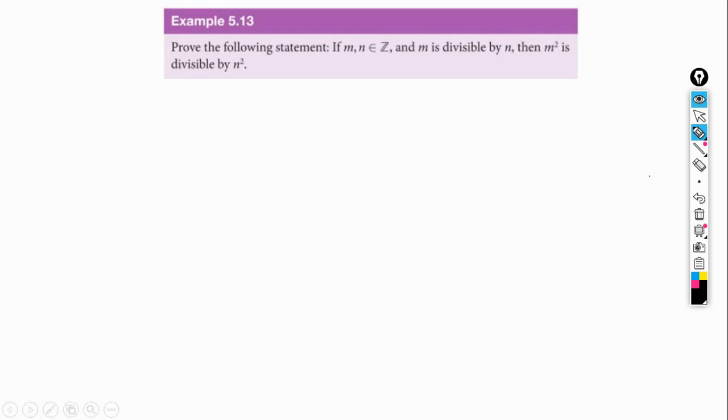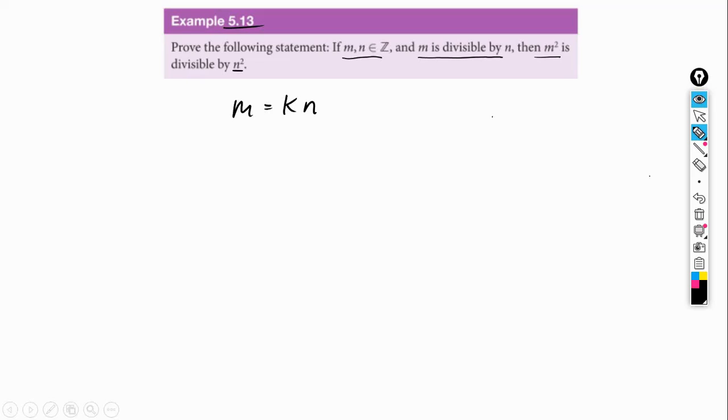So let's continue with example 5.13. And it says, prove the following statement. If m and n belong to the integers and m is divisible by n, then m squared is divisible by n squared. Okay, so if m is divisible by n, that means that m is equal to k times n for some integer k.